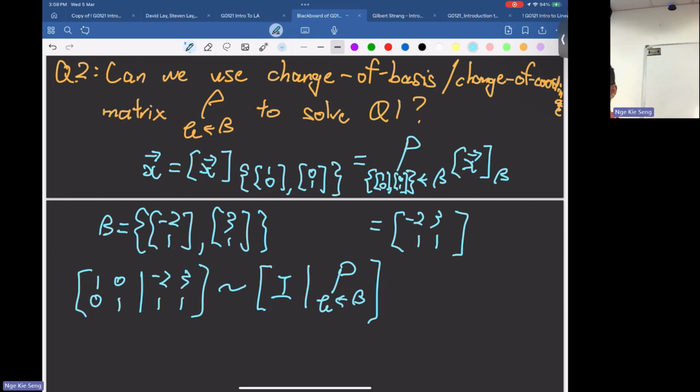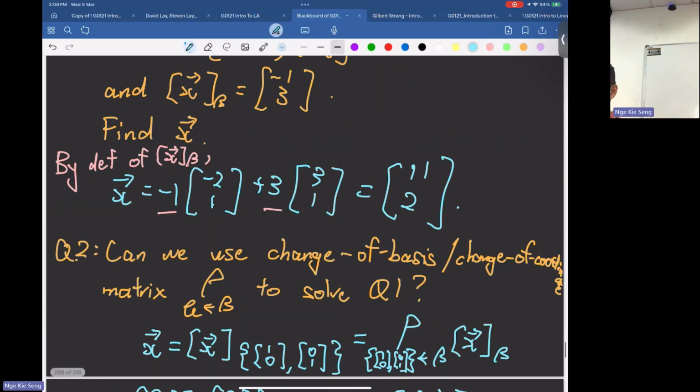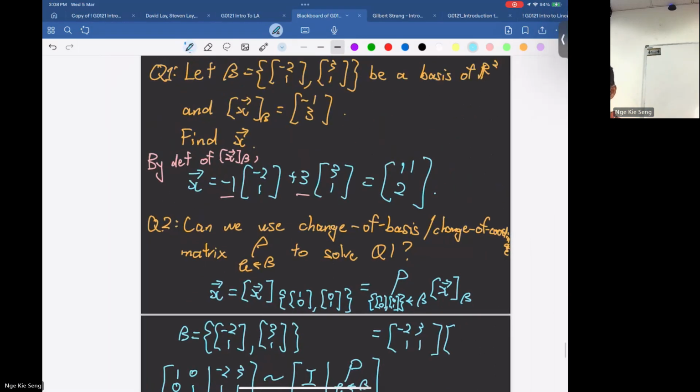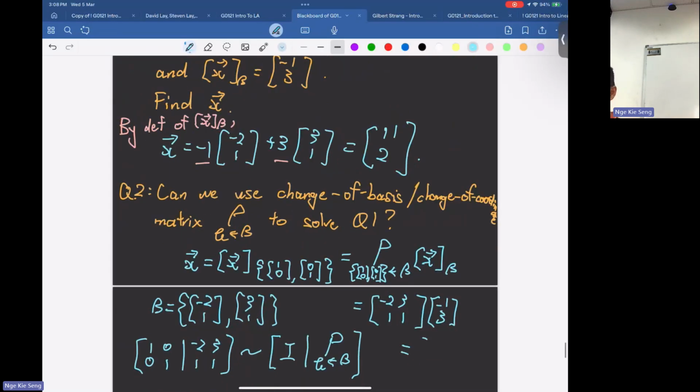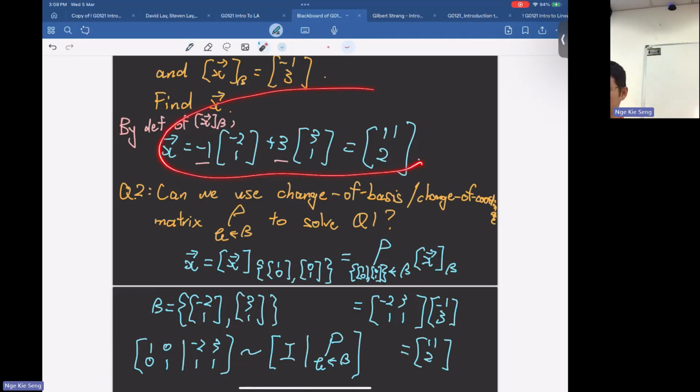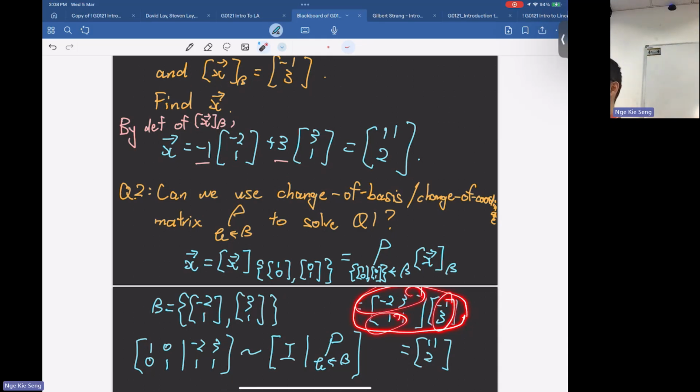And then multiply it on this coordinate vector. You should see that you get the same answer. If you notice, when you do this coordinate basis multiplication, it's exactly what you do in this matrix multiplication: row times column.